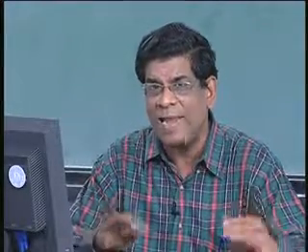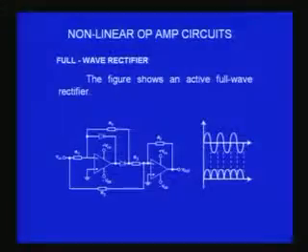We have already discussed that. But when it comes to an operational amplifier applied ideal diode full wave rectifier, the scheme is slightly different. You cannot simply use that scheme, but there are other clever schemes available, and one such clever scheme I want to discuss.